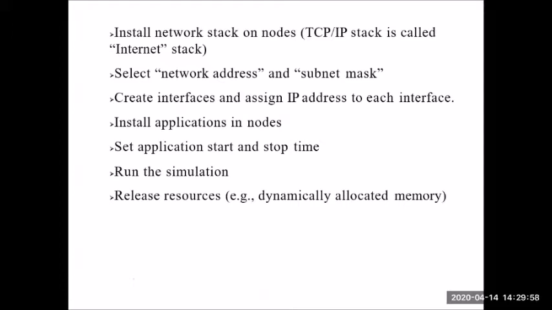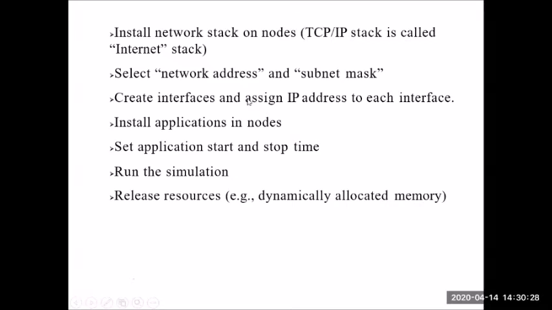Next, we will put the NIC cards in the node, network interface cards. After that, we will install the protocol stacks on the nodes so that the complete protocol stack is installed and ready to use. Then we will set the address. We will assign the network addresses. Every NIC card or every interface should have a separate IP address.